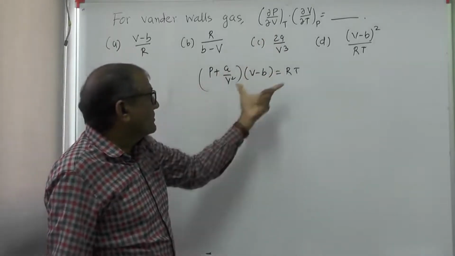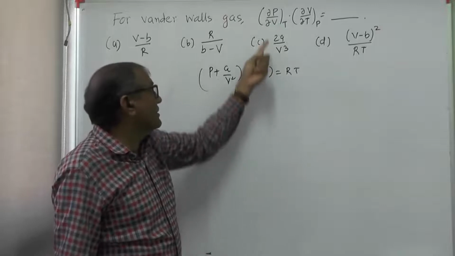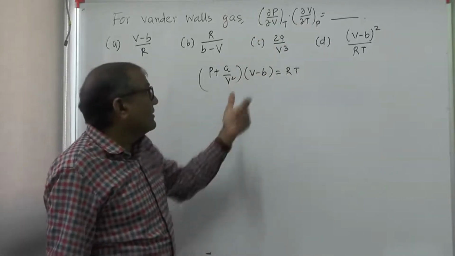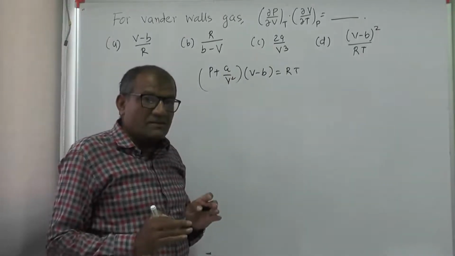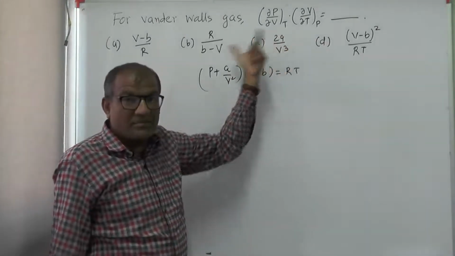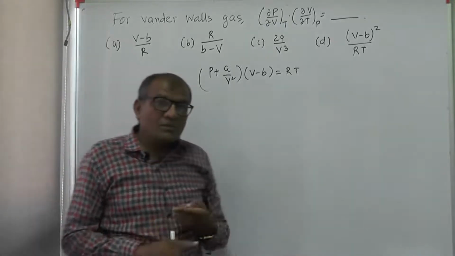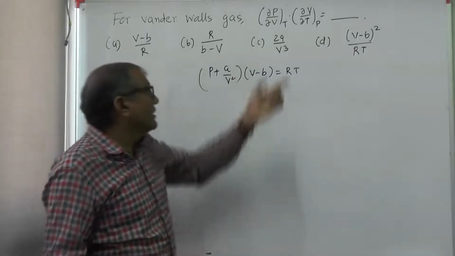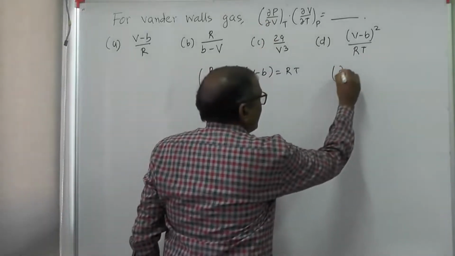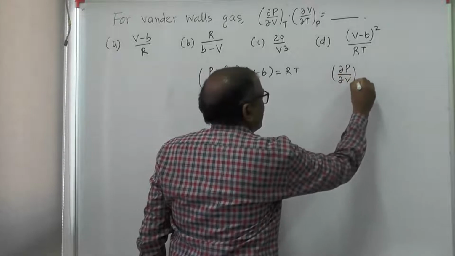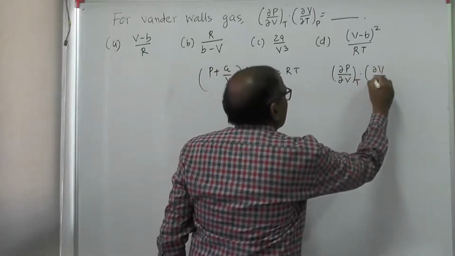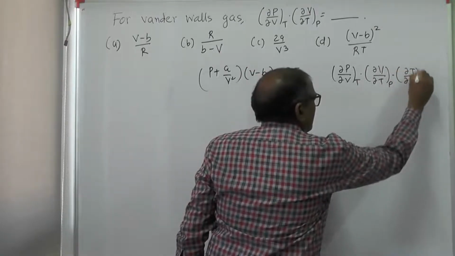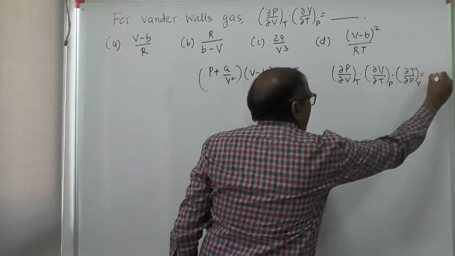We can consider this equation to calculate these two derivatives, that is one way, and that will be a little complex if we calculate the two derivatives and multiply. But we know the triple product rule is true for any equation of state. I can add the third derivative here: del P over del V at constant temperature, del V over del T at constant P, and del T over del P at constant volume, that is equal to -1.